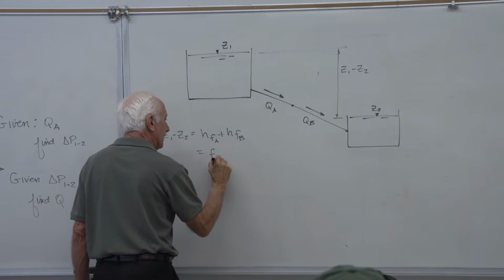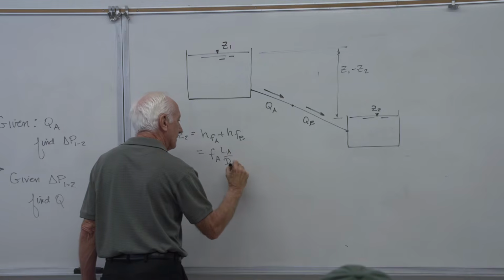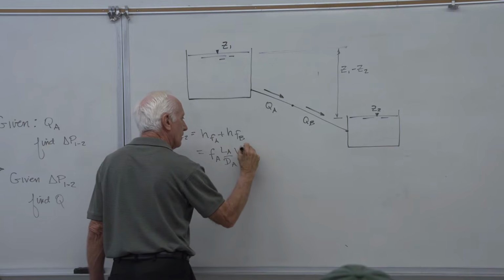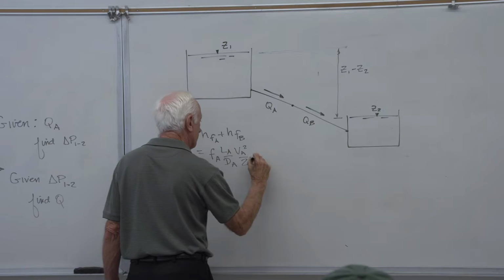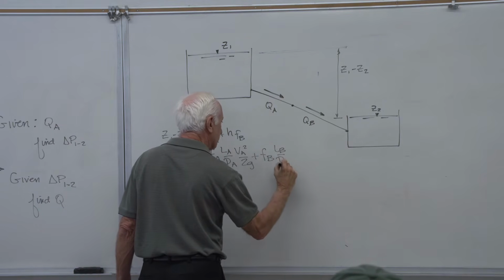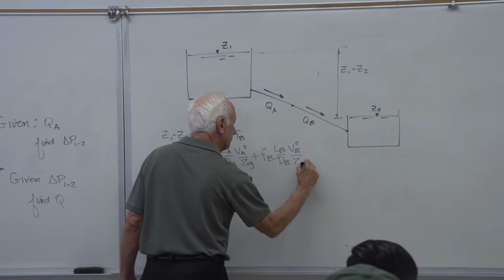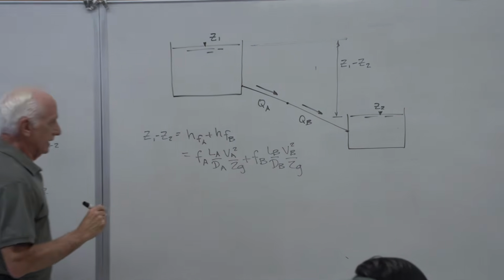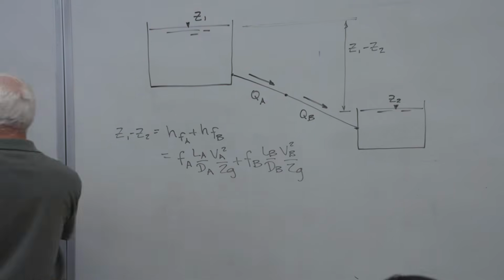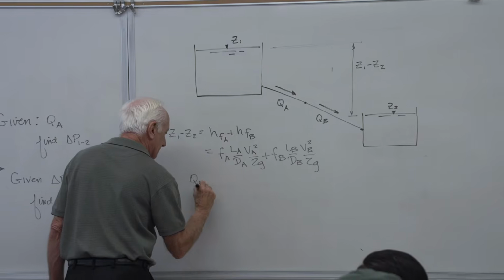So same thing, fA L over D, V squared over 2g. Now we have continuity, the same thing. QA equals QB.